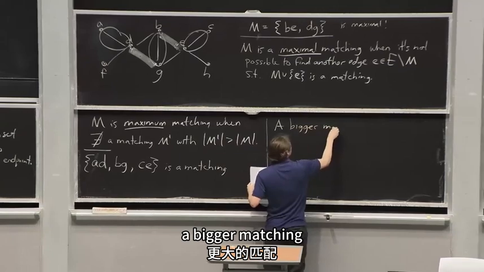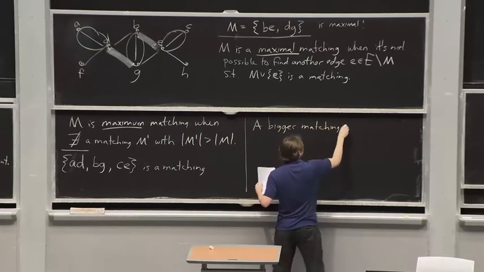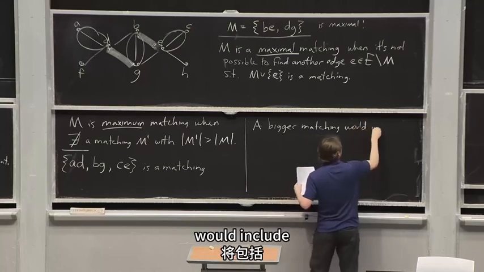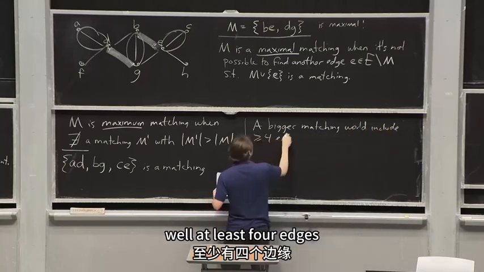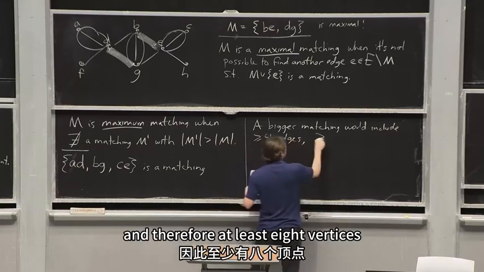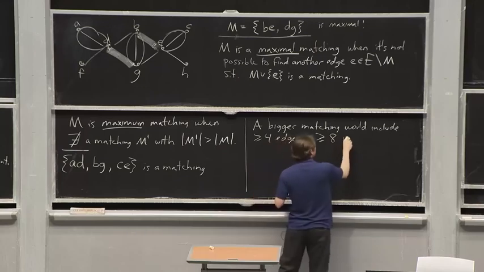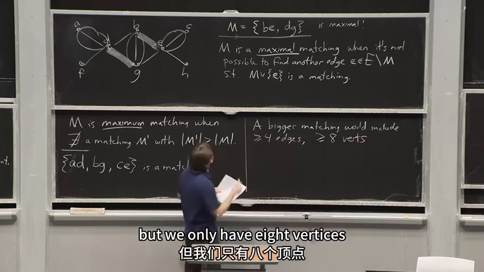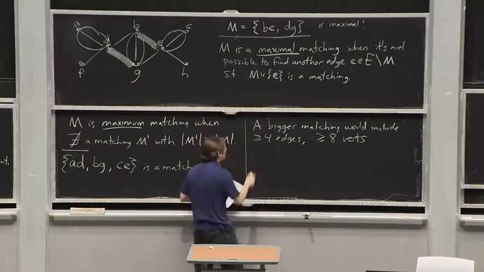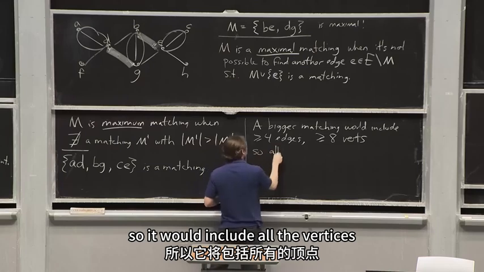A bigger matching would include, well, at least 4 edges, and therefore at least 8 vertices. But we only have 8 vertices, right? 1, 2, 3, 4, 5. Yep. So it would include all the vertices.